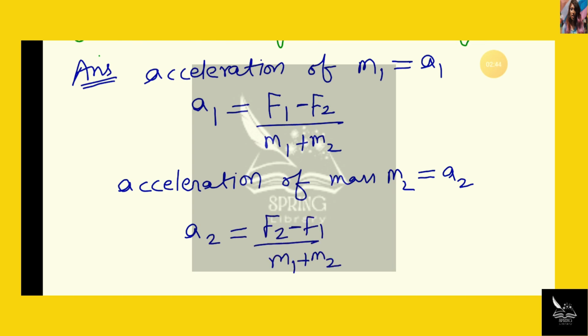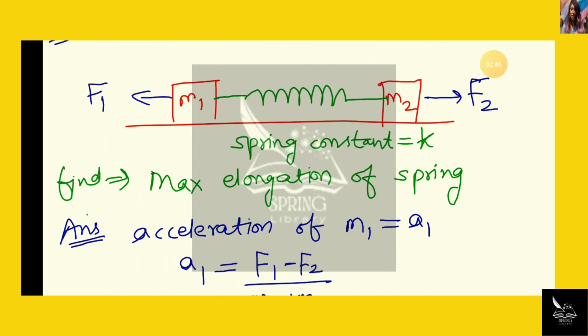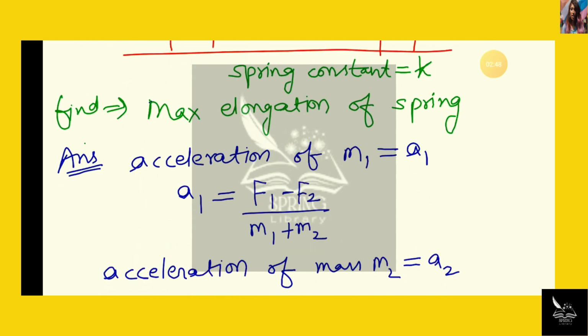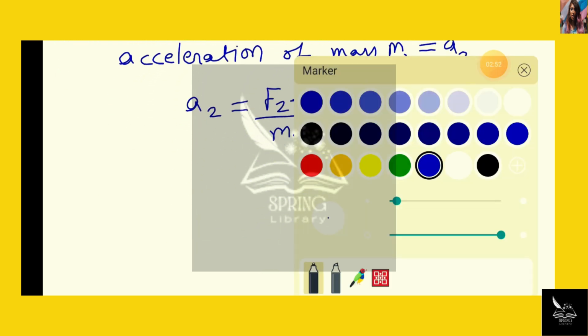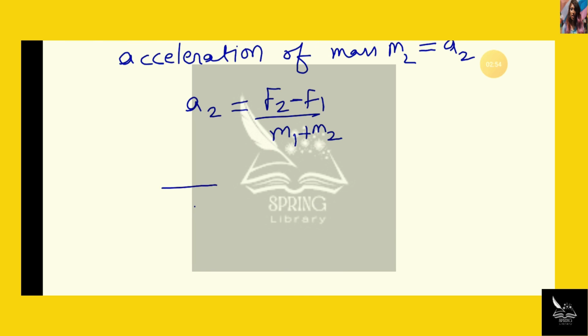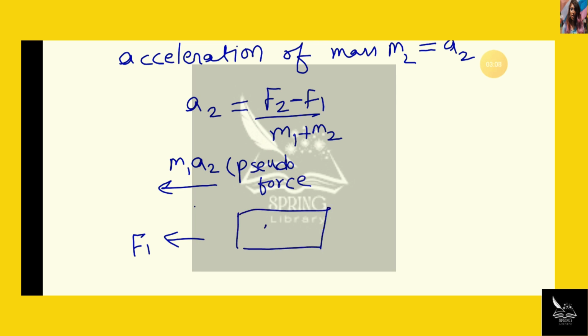Now due to force F2, the mass m1 experiences a pseudo force, and the value of the pseudo force is m1 a2, and the direction will be in the direction of F1. So you can see that this is a pseudo force experienced by the first block having mass m1.